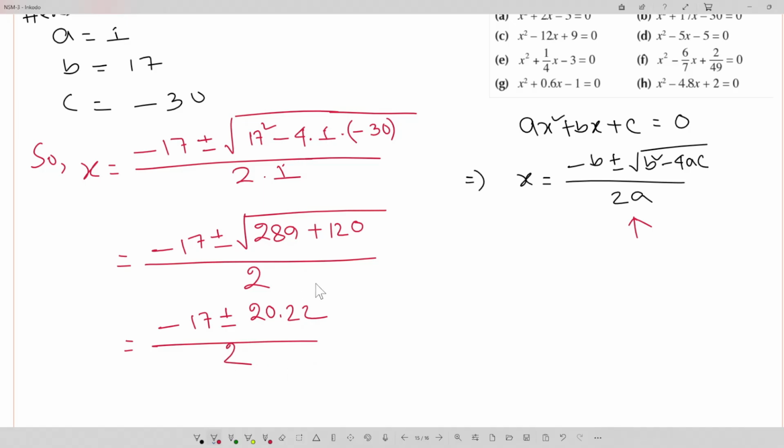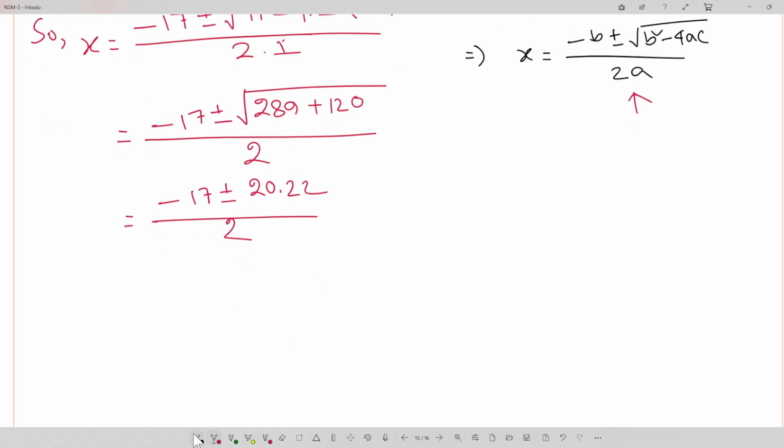Now divide 2. So here is plus and minus. If plus, so x equals minus 17 plus 20.22, divide 2.